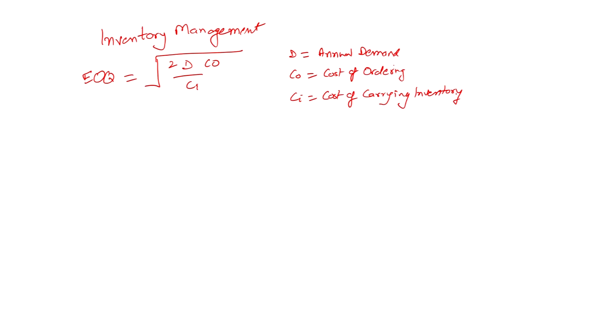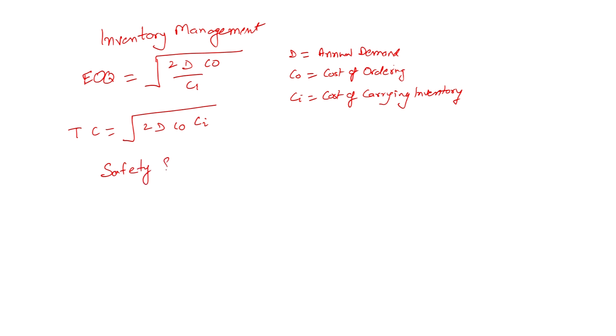okay. And if we are placing the order equivalent to economic order quantity, the total cost of the system will be square root of 2 D C_O into C_I. Okay. Then we also determine the safety stock required.